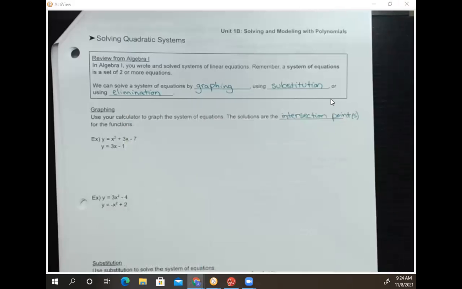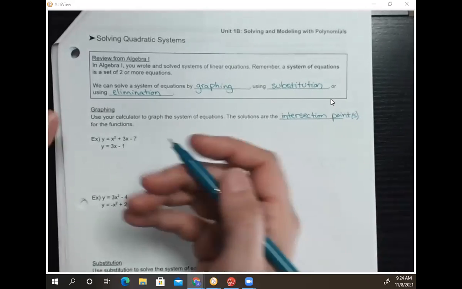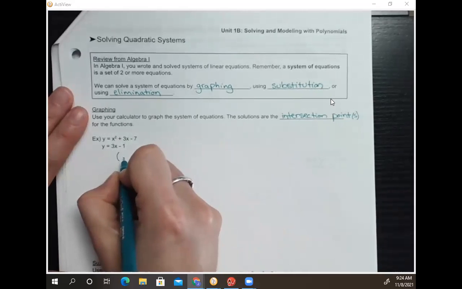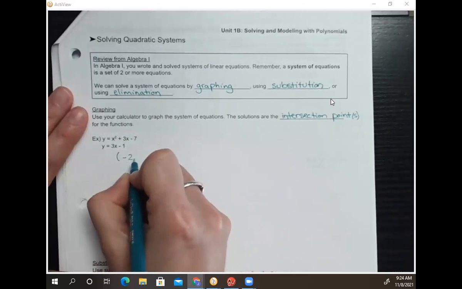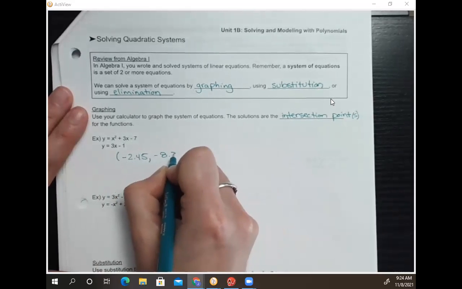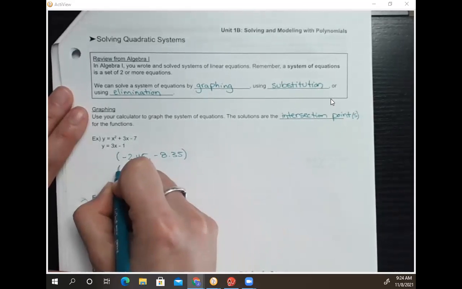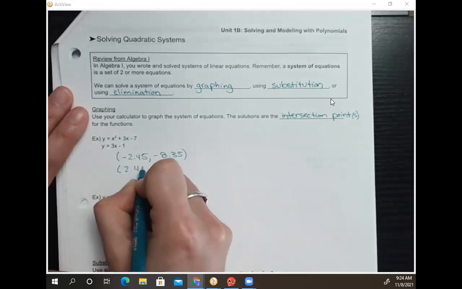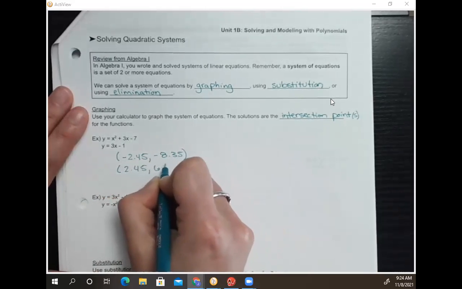When I'm solving a system, that's x comma y. So I graphed this on my calculator, and I found those intersection points to be, rounded to 2 decimal places, negative 2.45, comma, negative 8.35, and then positive 2.45, comma, 6.35.